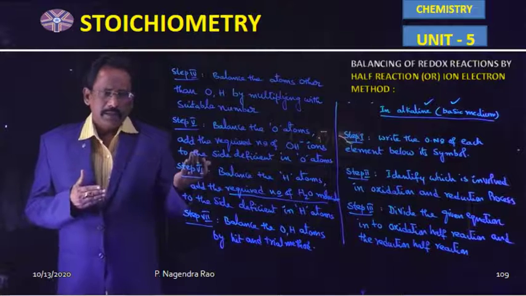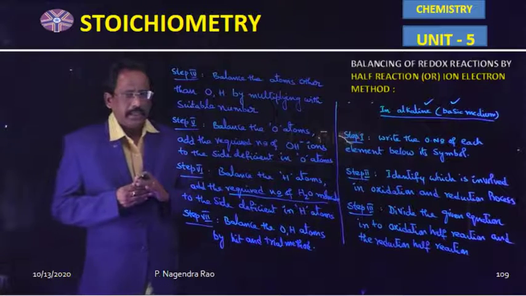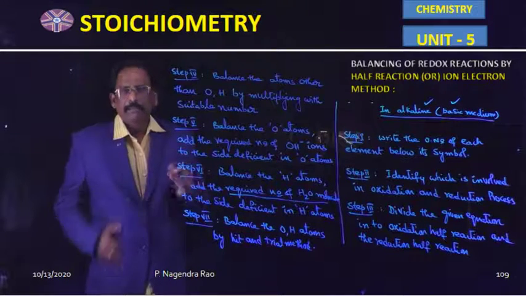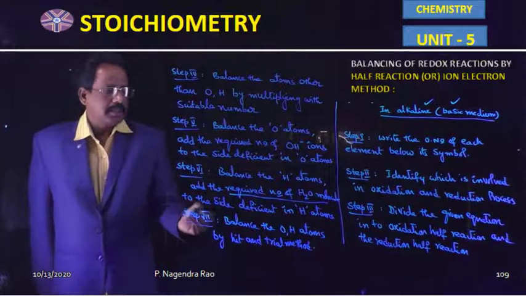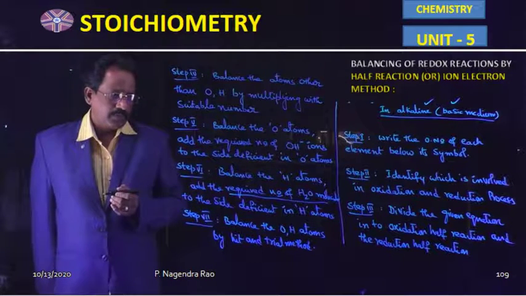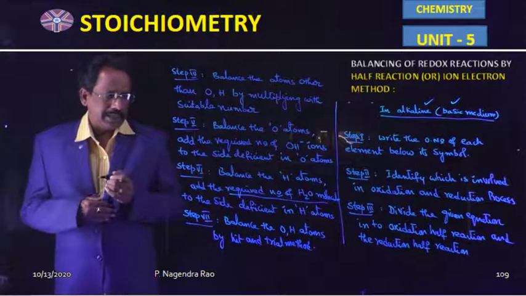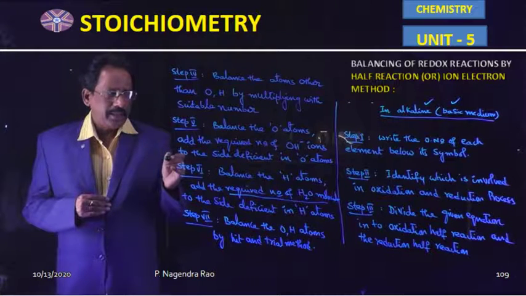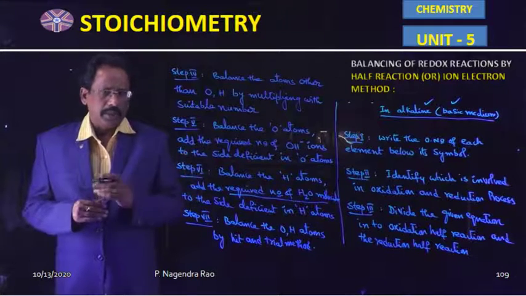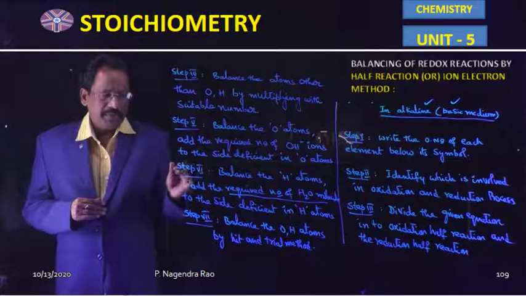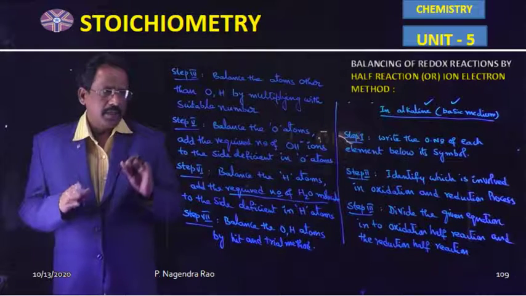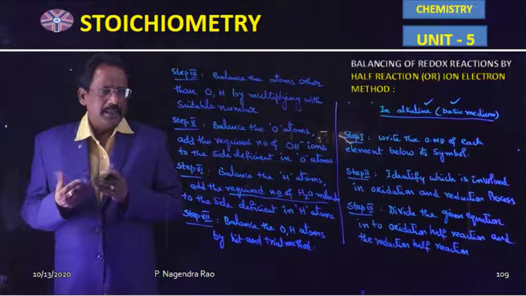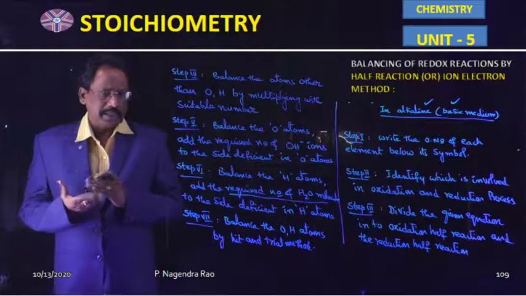After that, both oxygen and hydrogen atoms are balanced. So this is the new point here. To balance the hydrogen atoms, if you add the required number of H2O molecules to the side deficient in hydrogen atoms, automatically the hydrogen and oxygen number varies.